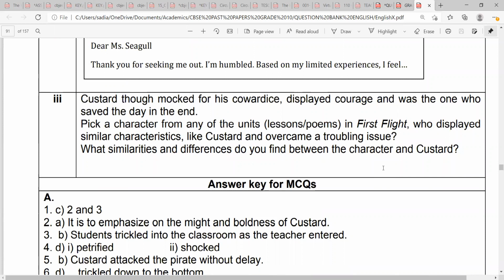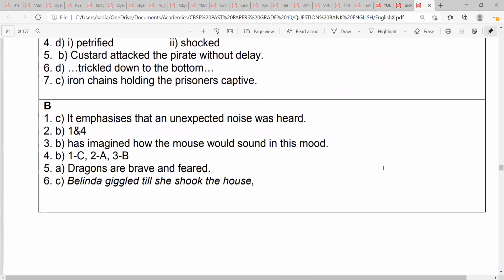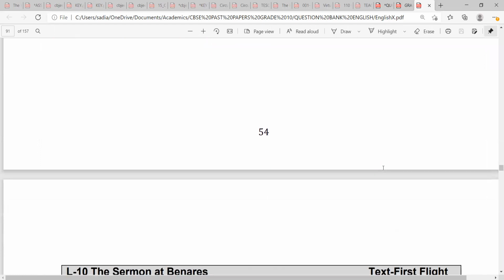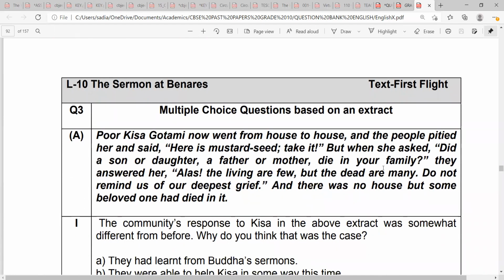Comparison of characters. The first flight and Custard. MCQ answers. The Sermon at Banaras from the first flight.